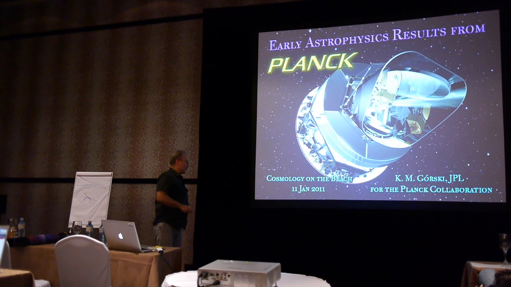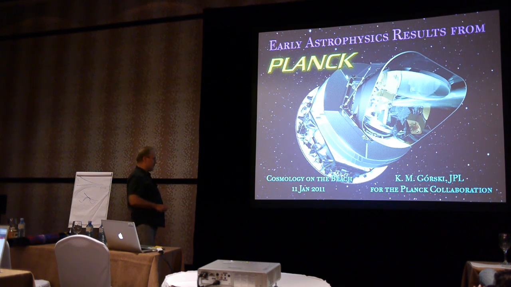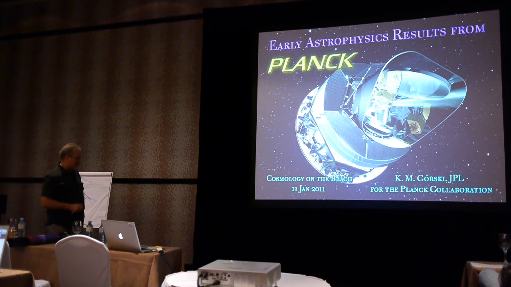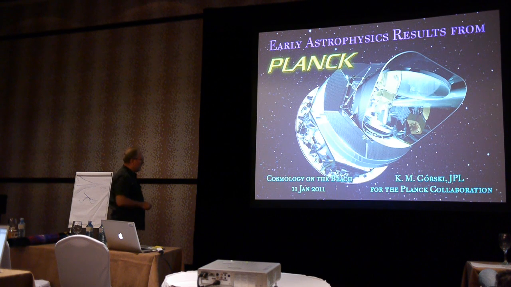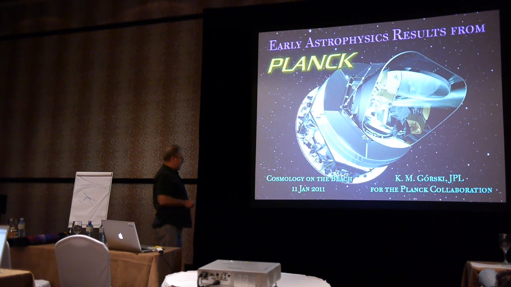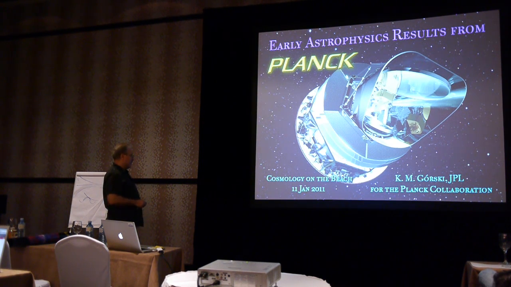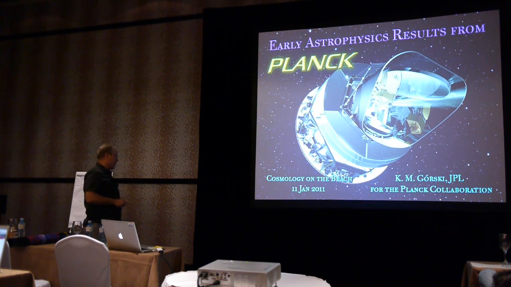That is the detector box for high frequency instrument housing all the bolometers. And this operates at 100 millikelvin temperature and is very likely the coldest object in the solar system. We need to cool it to gain sensitivity, and the sensitivity gains are tremendous over the previous mission, and I will describe other gains elsewhere.